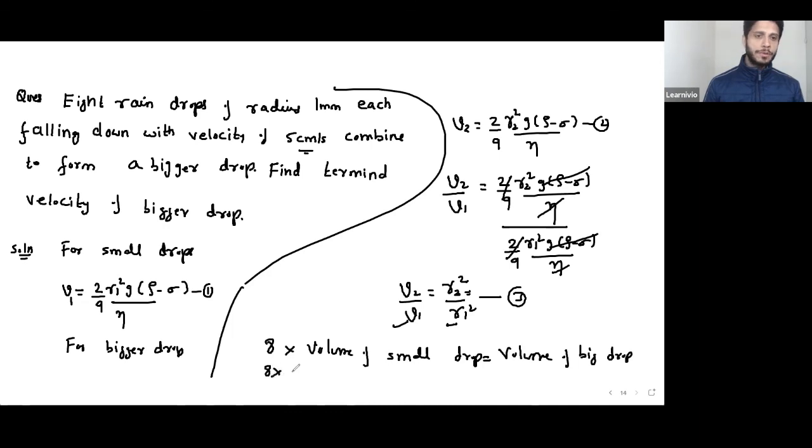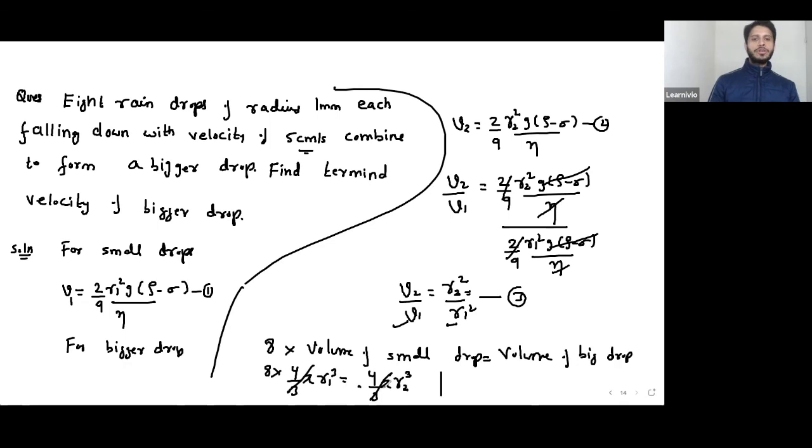The volume of a small drop is 4 by 3 pi R1 cube. The volume of the big drop is 4 by 3 pi R2 cube. So you can calculate R2 from here.